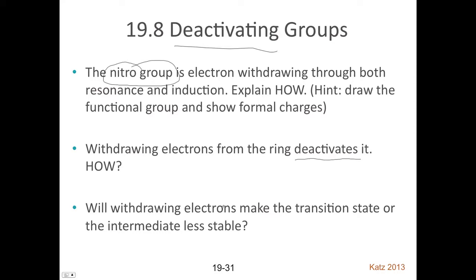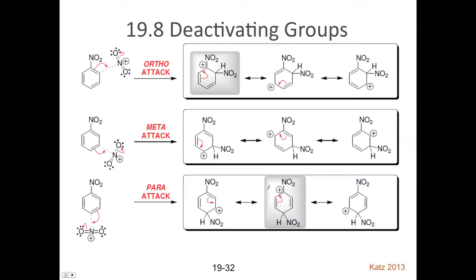Will withdrawing electrons make the transition state or intermediates less stable? Well, it depends on which ones you're talking about, and that's specifically what we're going to try to illustrate here. So for deactivating groups, they will not have ortho and para attacks. They do not direct ortho-para. Why?